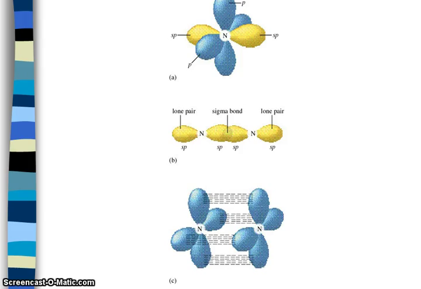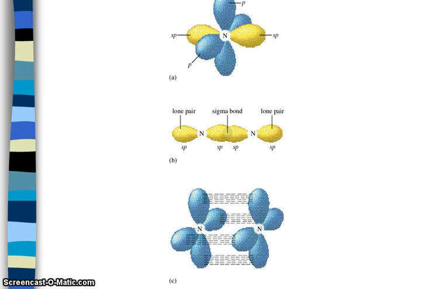But we're going to be left over with two unhybridized p orbitals. And what that leads us to is a triple bond. A triple bond consists of a sigma bond and two pi bonds, which form between two sets of unhybridized p orbitals.